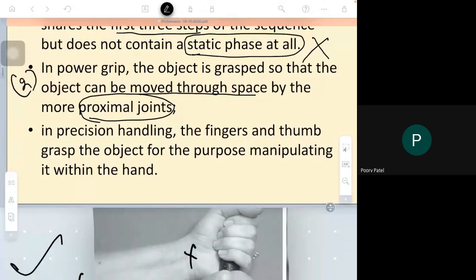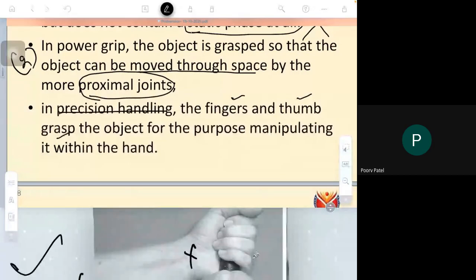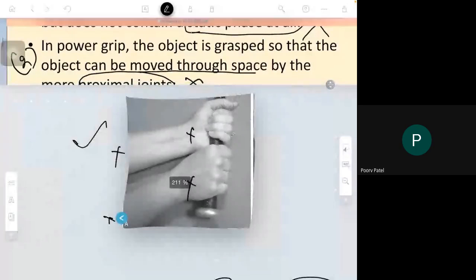But in precision handling, the fingers and thumb grasp the object for the purpose of manipulating it within the hand. Here you are not using the proximal joint. Here you are using only the distal joints, that is finger and thumb joints. That is the second difference.